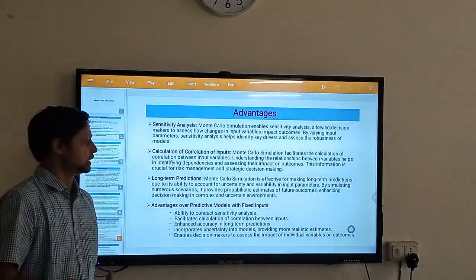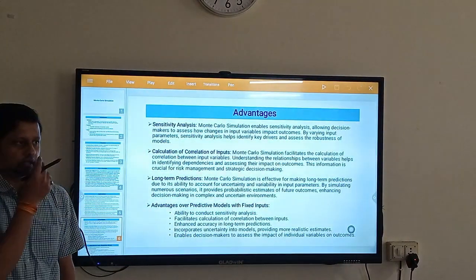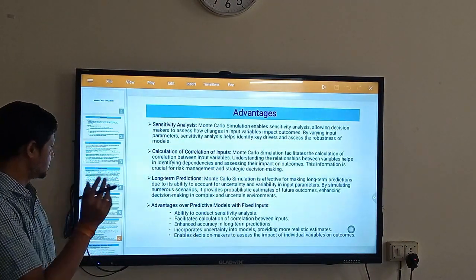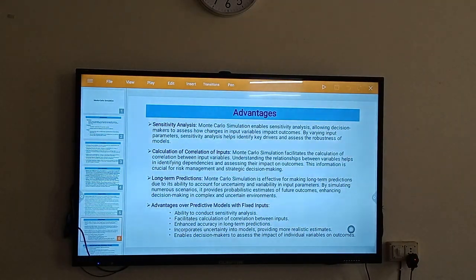I can conduct sensitivity analysis. I can go for long-term predictions, because obviously that will help me if I know all possible chances of failure. So for predictive models, it has certain advantages.